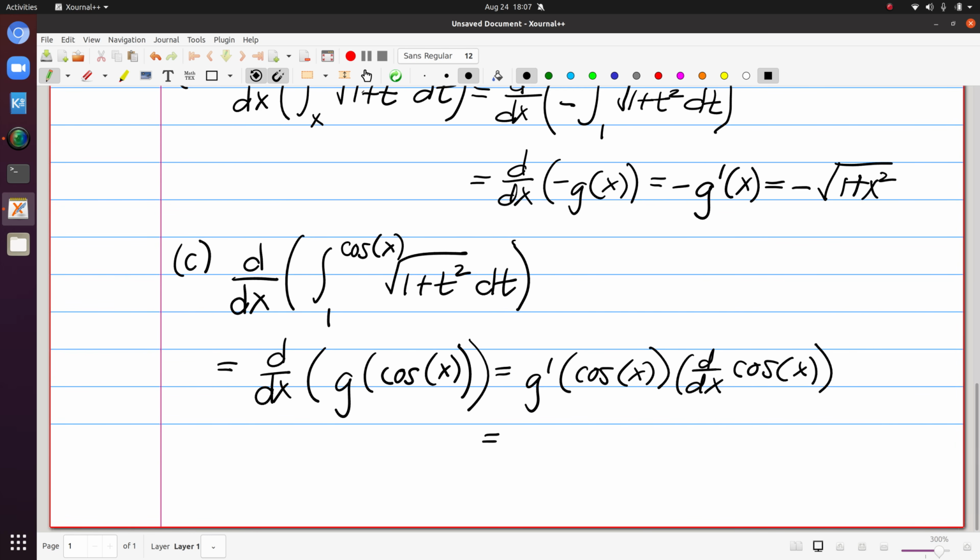So if I were to compose that function with cosine, we would get square root of 1 plus cosine of x squared, all under the radical, and multiply that by the derivative of cosine, which is minus sine of x. So to generalize that, if we have a function of x up top, then we get the integrand function, replace the integration variable with our function of x, and multiply by the derivative of that function.